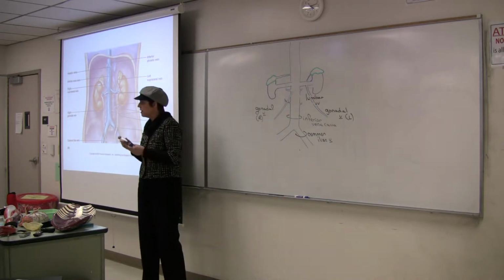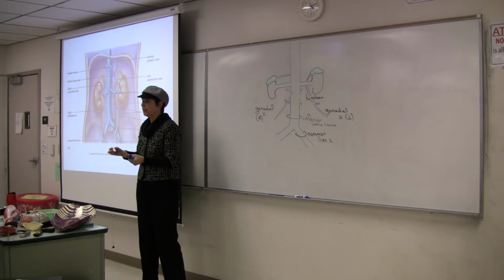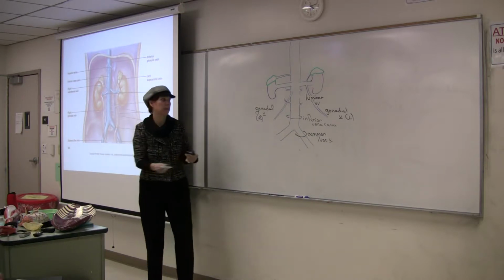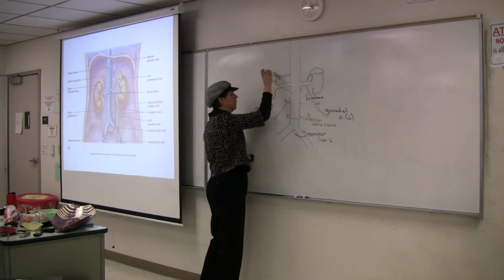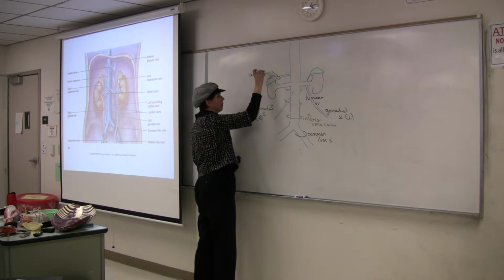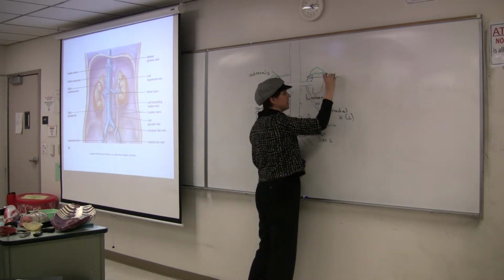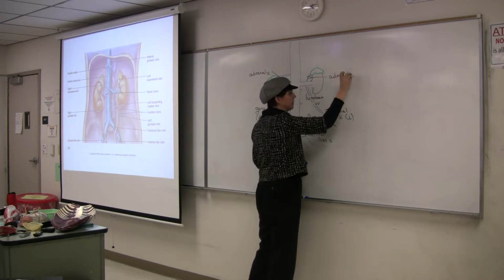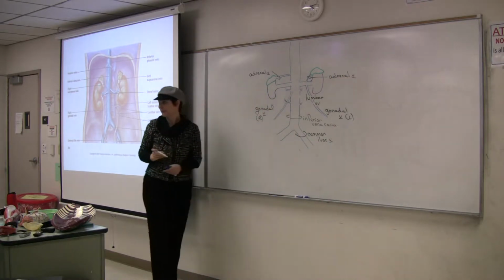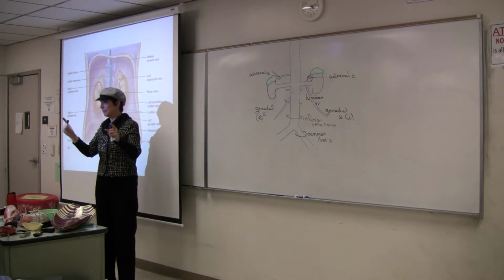So same variations, but all you have to identify is an adrenal vein. You don't have to worry about superior or middle or inferior. And this is easy because you can see it draining the adrenals. Okay? Now we're almost done.